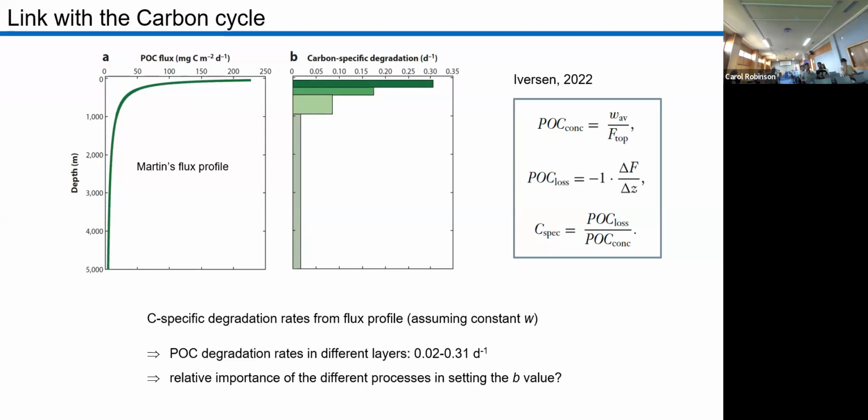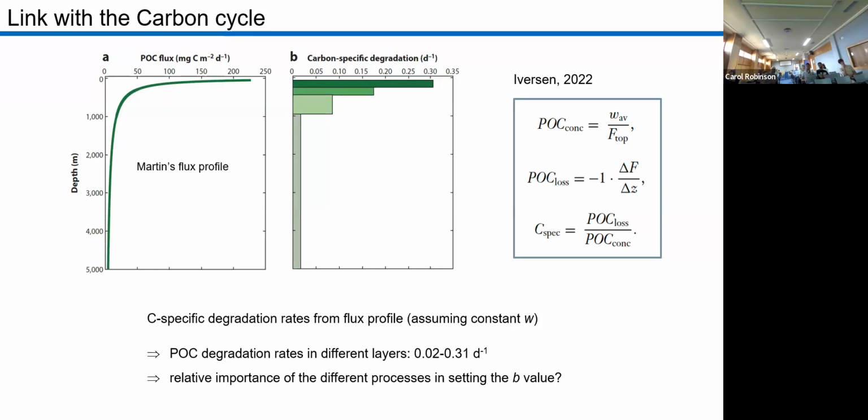Why I'm showing you this plot is that by doing this, we can get some very interesting insights. We can derive some degradation rates in different layers. In this case, we get degradation rates ranging between 0.02 and 0.31 per day, depending on the layer.